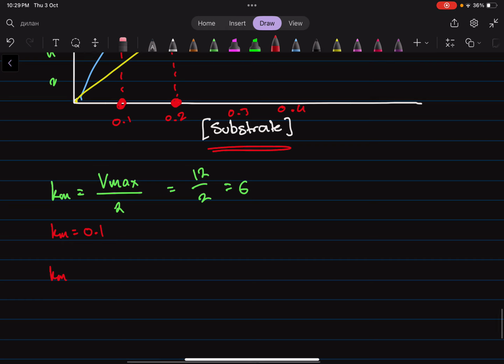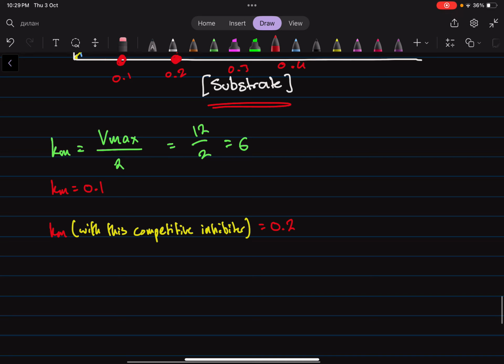So Km with this competitive inhibitor is 0.2. So we can see that Km has increased.